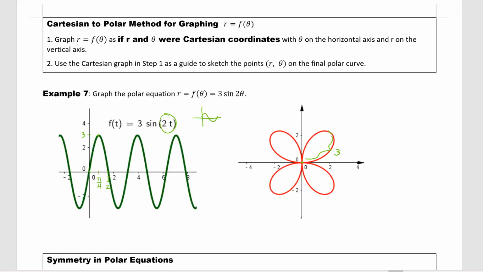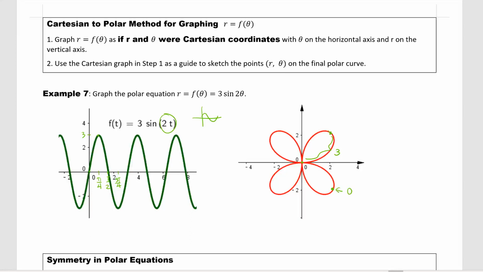And then this is 3 pi over 4, it's like this direction, and we get -3. So -3 actually means this point. So the graph looks like this, and you go this direction, you go that direction, and you go this direction. Okay, everybody?